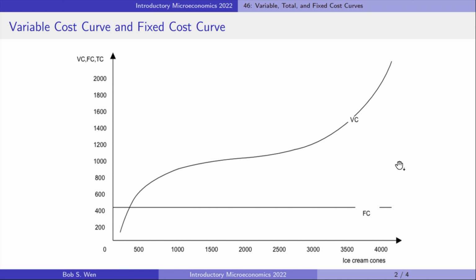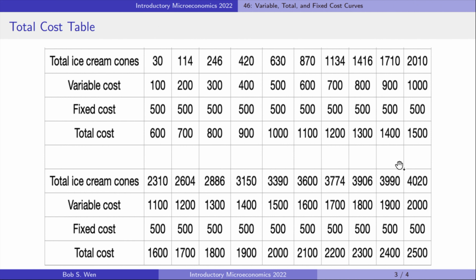Let me show you the total cost table to help you understand it. The first line is the output level produced, representing a 1 unit labor increase for each point. We have the variable cost and the fixed cost for each output level. We add up the variable cost and the fixed cost, and we get the total cost.